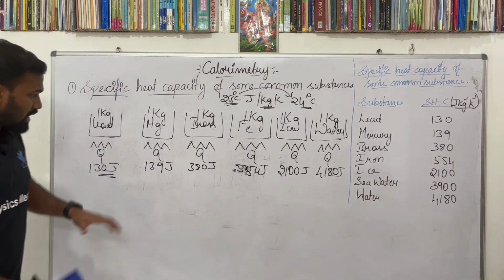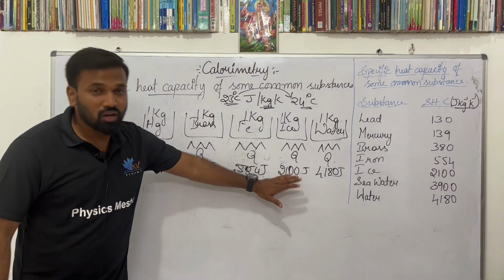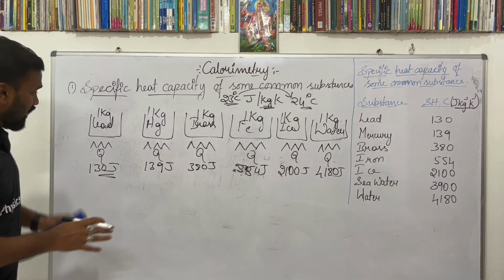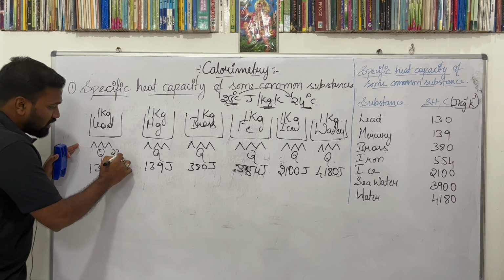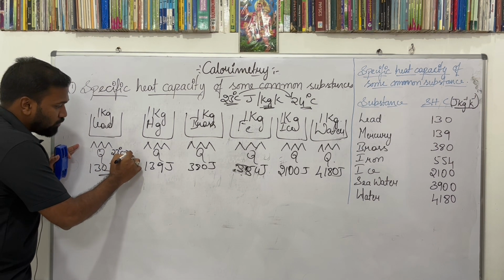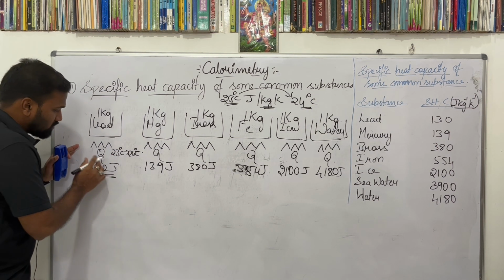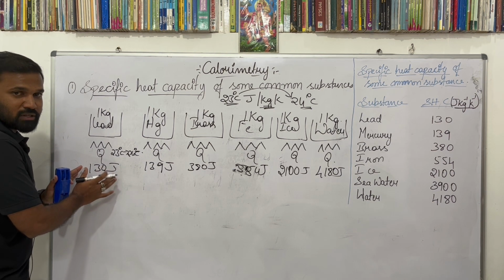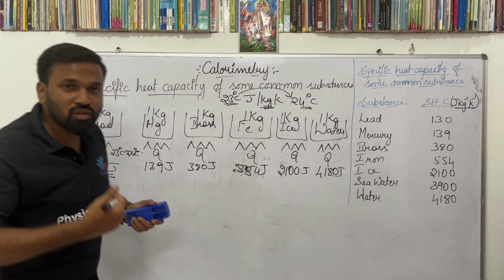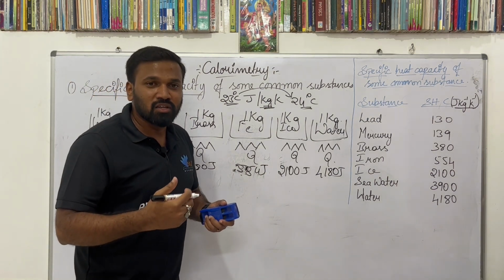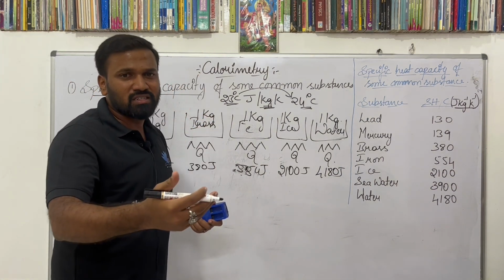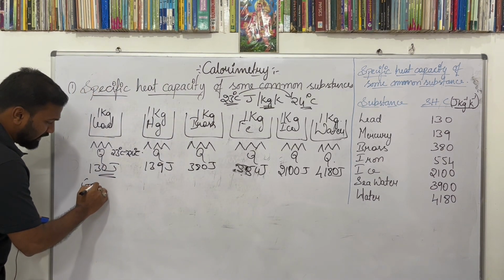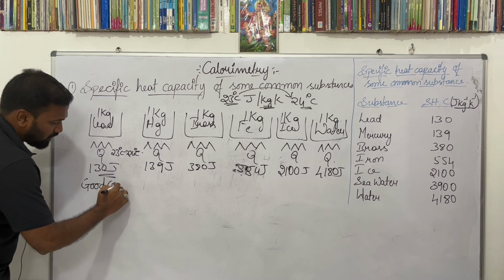So these values will give us a conclusion about which is a good conductor of heat. To raise from 23 to 24 degrees Celsius, lead is taking only 130 joules of energy. The material which absorbs less energy, and whose temperature is raised very quickly, we can say is a good conductor of heat.